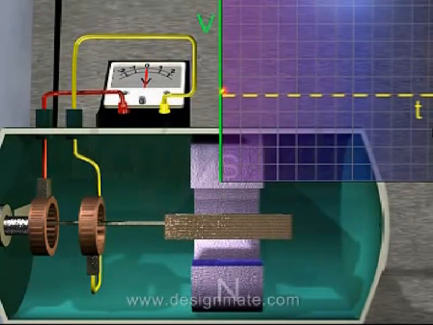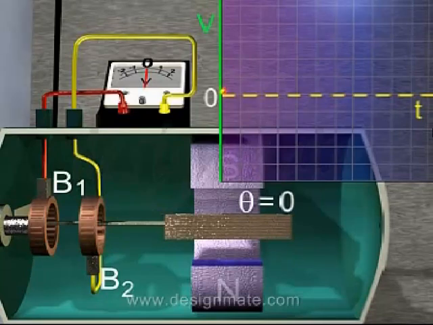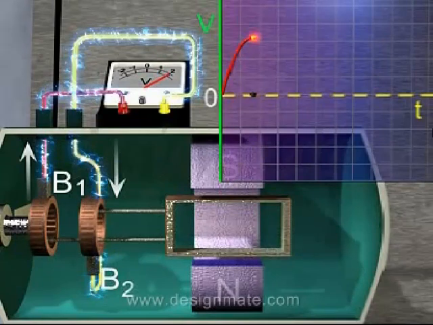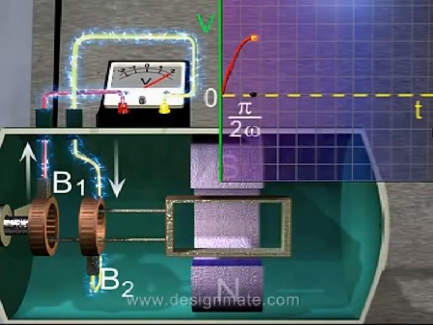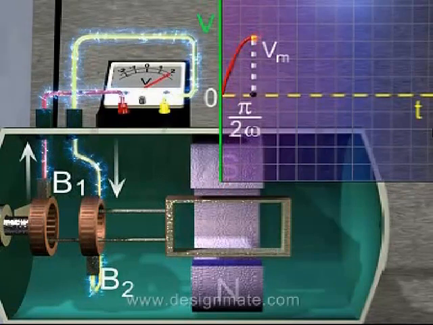When the coil is at its position theta equal to 0 at t equal to 0, the voltage difference between B1 and B2 is 0. It then increases with time t till t equal to pi upon 2 omega. Thus, starting from 0 at t equal to 0, it increases to Vm at time pi upon 2 omega.